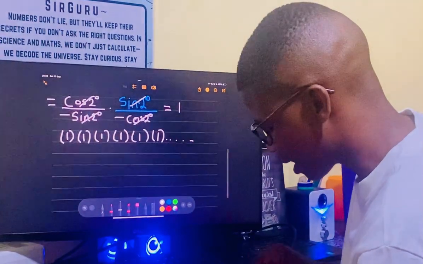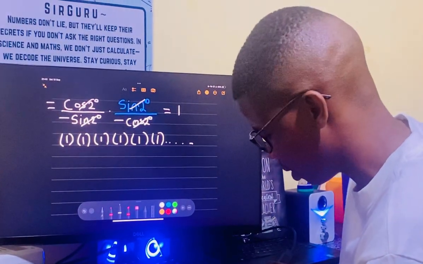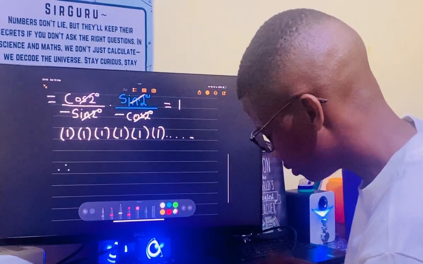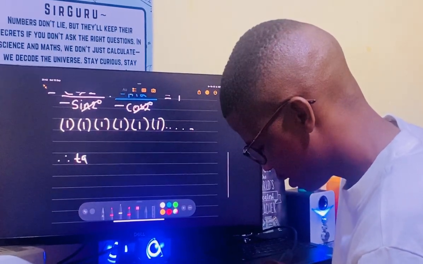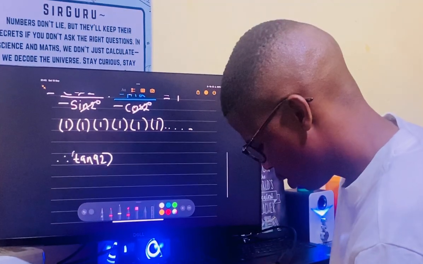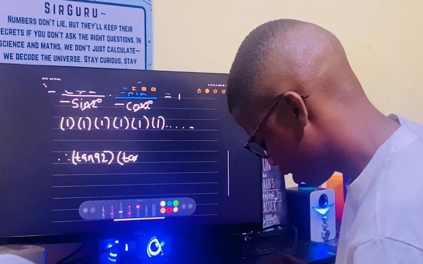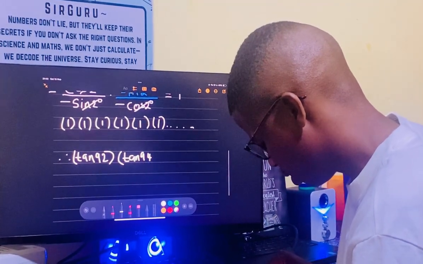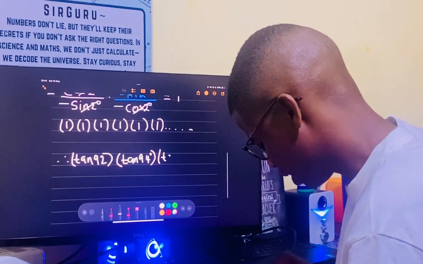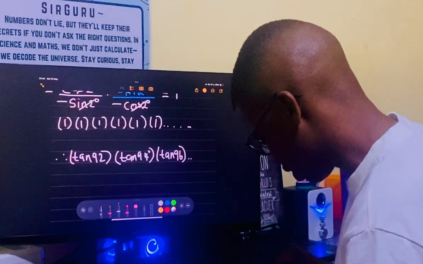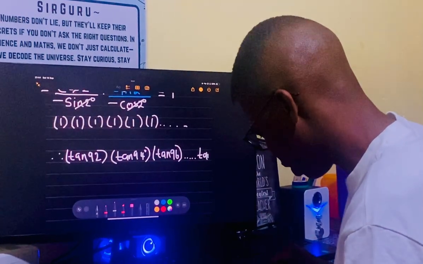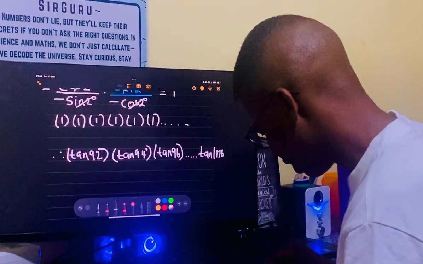So basically that expression in simple terms is going to be tan 92 multiplied by tan 94 multiplied by tan 96, and so on up until tan, the last one was what? 178.